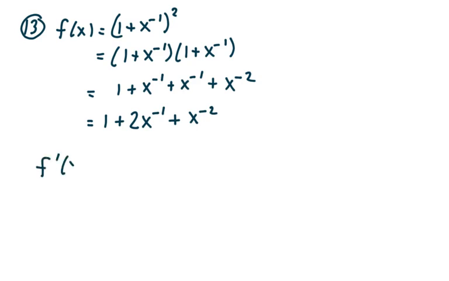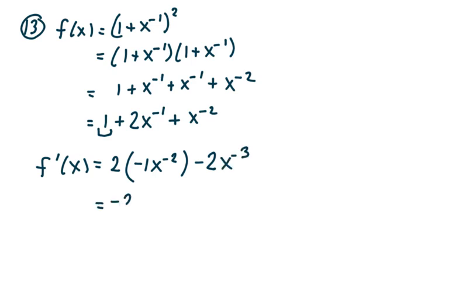Now I can take the derivative. So it takes a little bit of work, okay? And so I'm going to get 2 times, the derivative of 1 is 0. So it's 2 times negative 1x raised to the negative 2, because negative 1 minus 1 is negative 2. Then I'm going to go minus 2x to the negative 3.